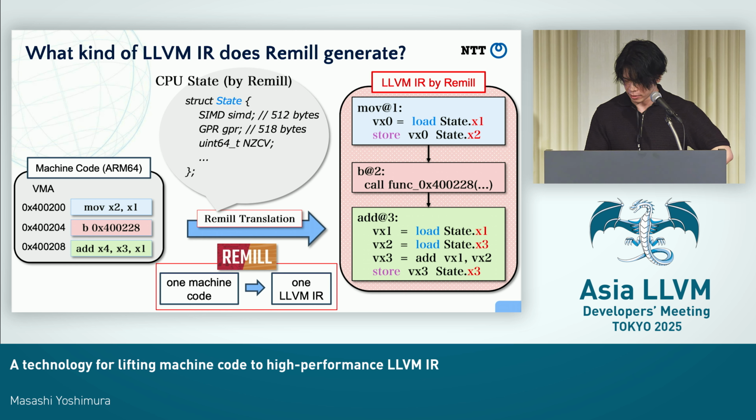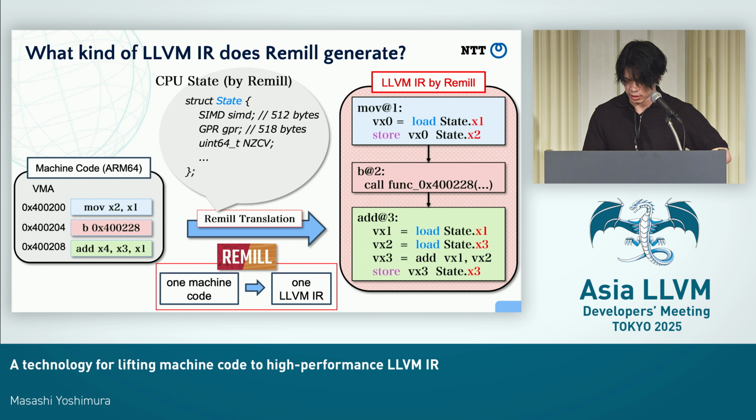Almost every instruction operates on CPU registers, so Remill defines a State struct to represent them. As shown, State has fields for general purpose registers, FPRs, SIMD registers, and more.